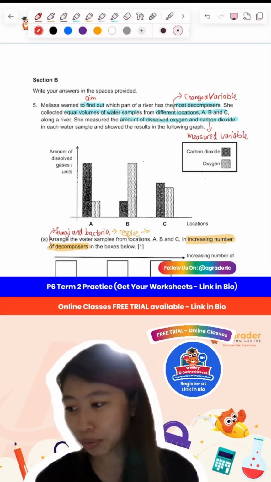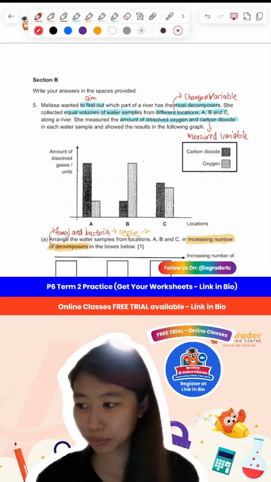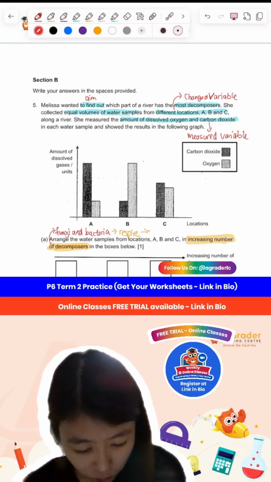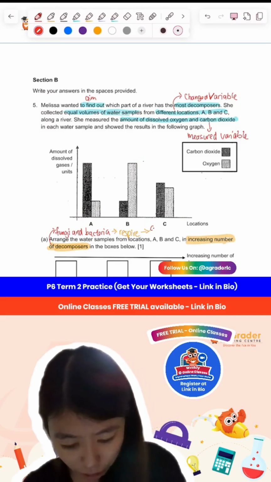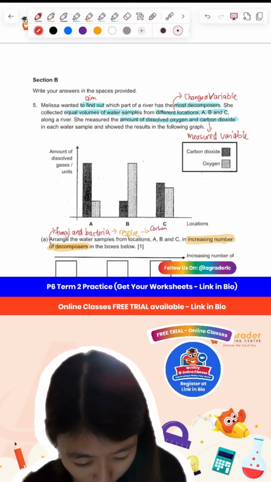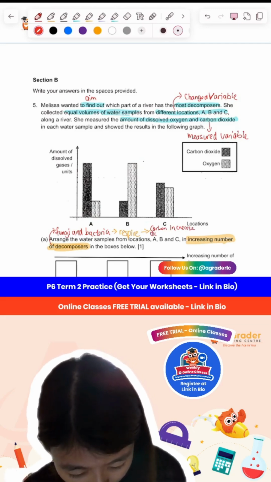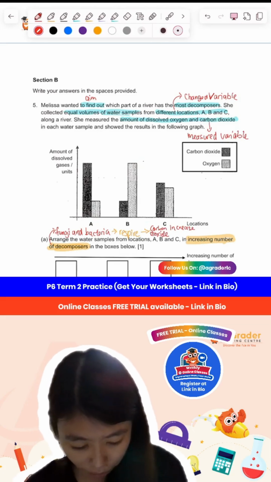Carbon dioxide will increase. Very good. So carbon dioxide is supposed to increase. Then what about oxygen?